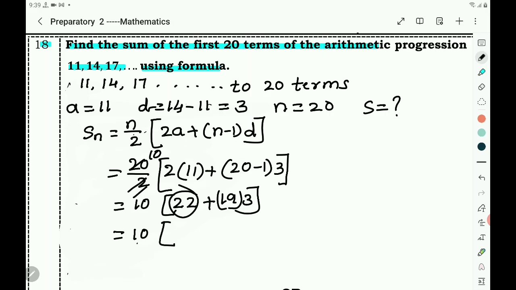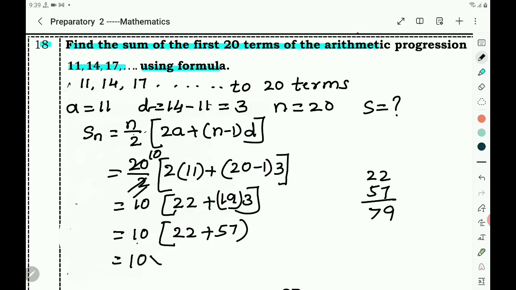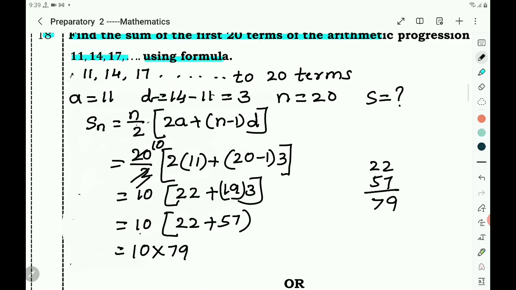Then you write 22 plus 19 3s are 57. Then find the sum of these two. 22 plus 57: 7 plus 2 is 9, 5 plus 2 is 7, you got 10 into 79, so you got Sn equals 10 into 79 is 790.